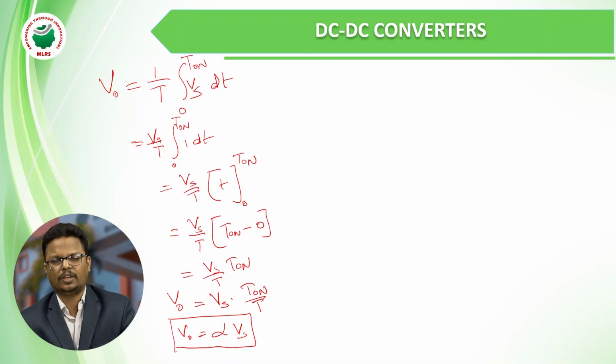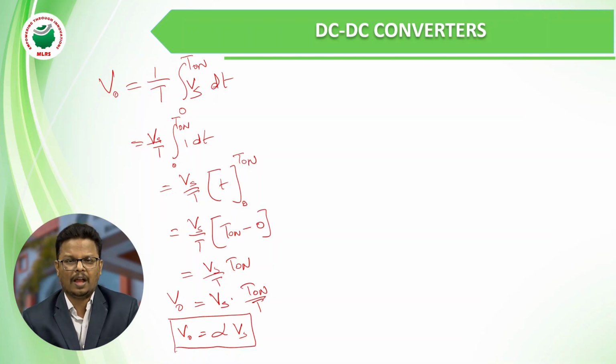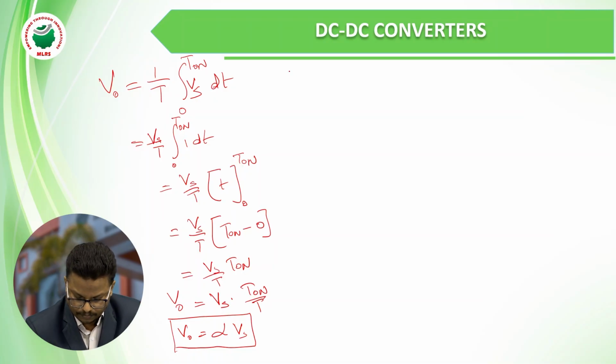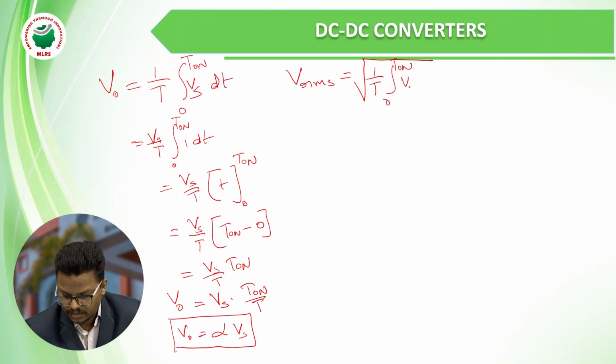For this circuit, we can also derive the RMS voltage equation. Okay. So VRMS equals the square root of 1 by T, integral of 0 to T on, of Vs squared dt. Here again we will take Vs outside.